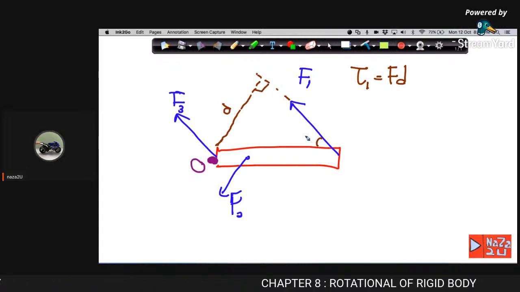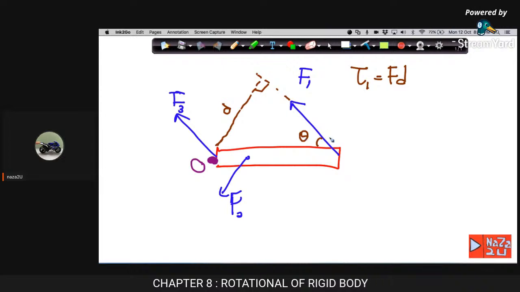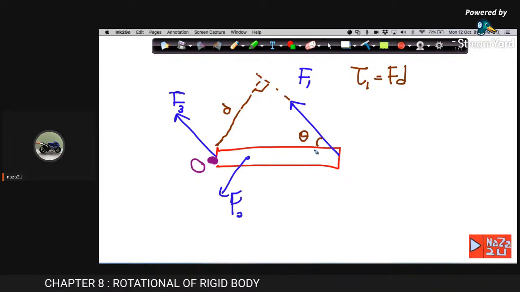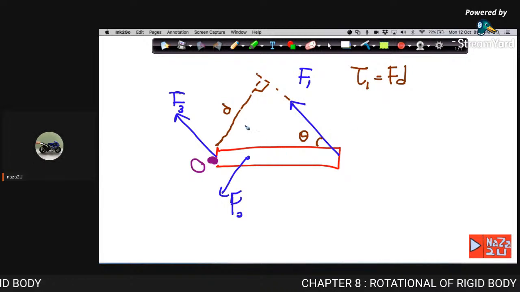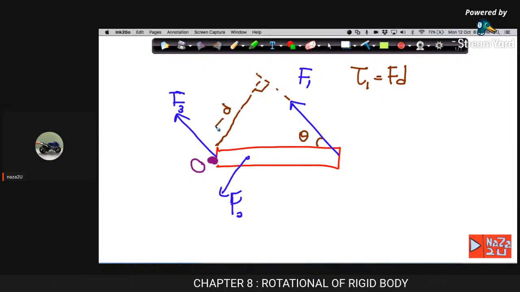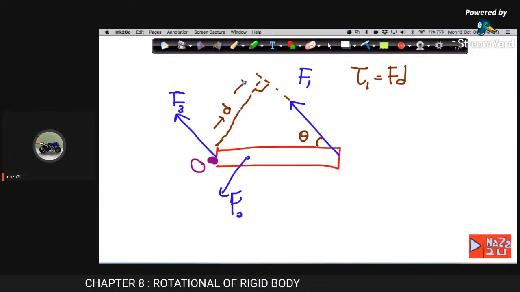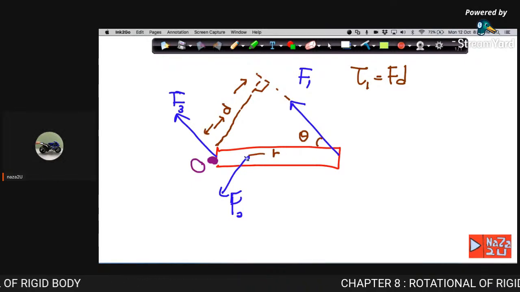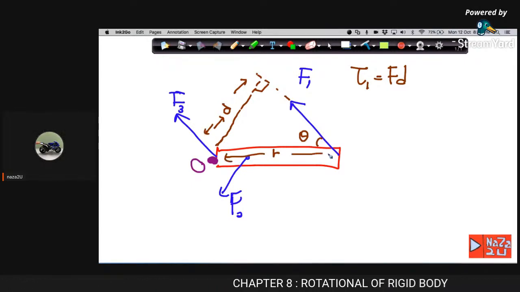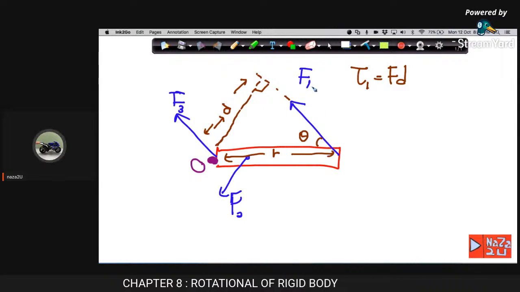So let's say this is theta here. So you can use the triangle here. This is the hypotenuse, right? Let's say this is R from the pivot point to the point of the force F1.